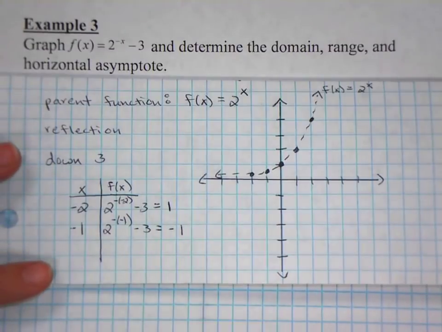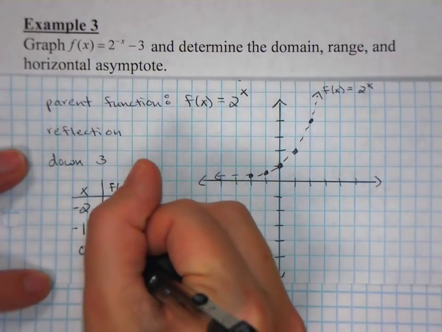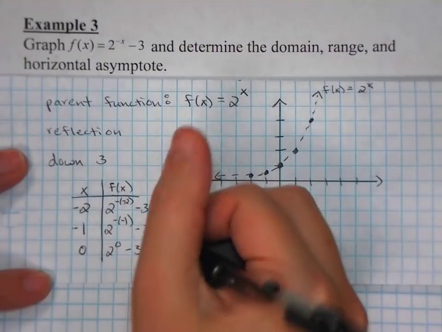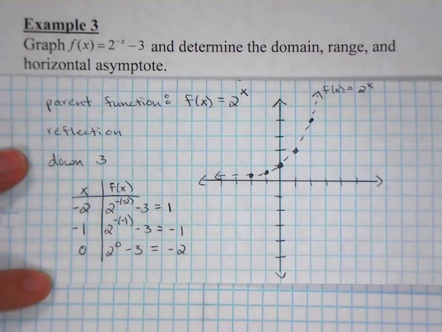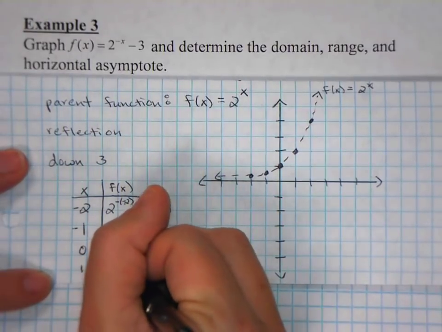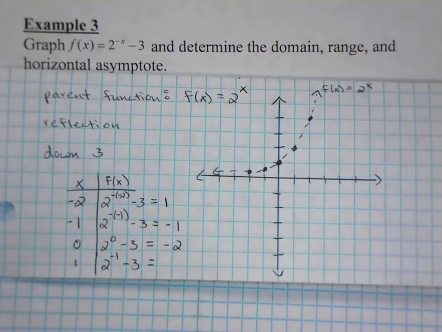And if I put in 0, 2 to the 0 is 1. 1 minus 3 would put me at -2. If I put in 1, it would become -1. So this is where I'm going to start getting numbers that maybe aren't as nice. If I do 2 to the -1, that would be a half.